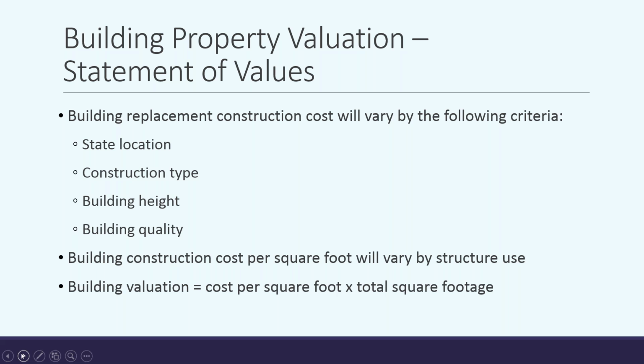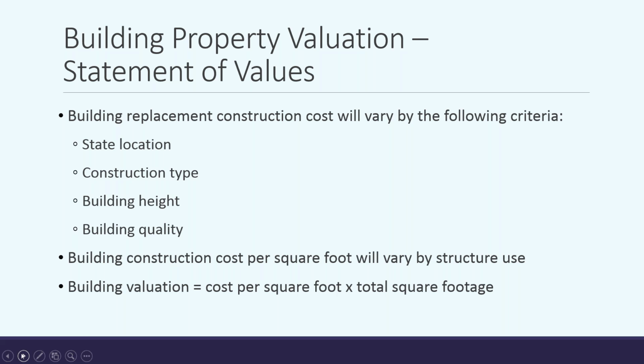Okay. All right. So I kind of jumped into this slide already a little bit, talking about determining your building values. How to determine your values is going to be based on your state. California has different requirements than any other state and things like that. Your construction type, obviously, frame is going to be more expensive, and that's going to play into it.